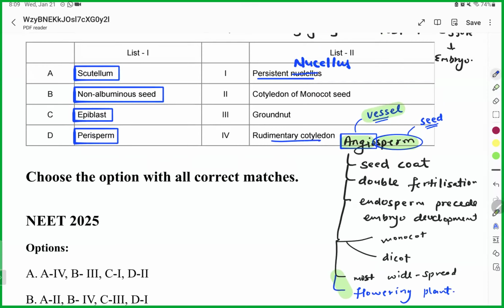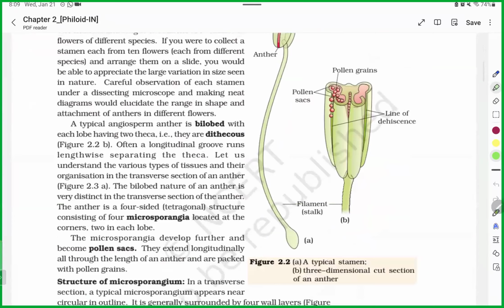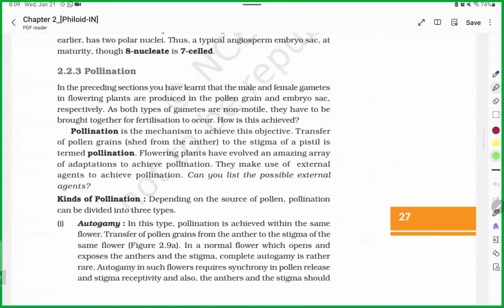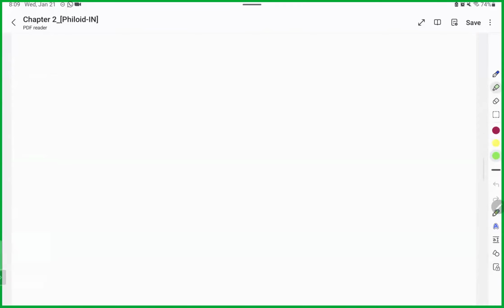Next, here all the things are given about the post-fertilization event, the development of embryo after fertilization, and the further stages. Correct? That's why in this topic we'll directly move to embryo development, because all of you have studied this chapter. So I am assuming you have a thorough idea about the topic. We are just revising how to highlight each and every word of the NCERT.